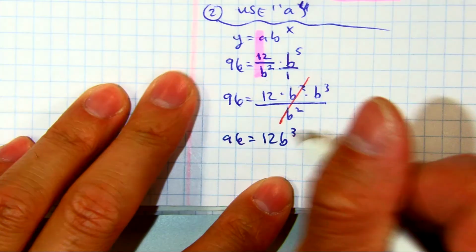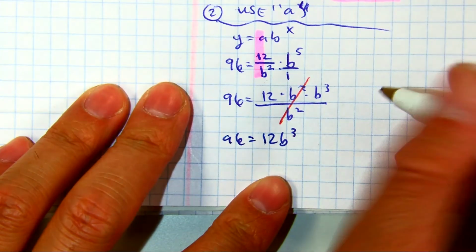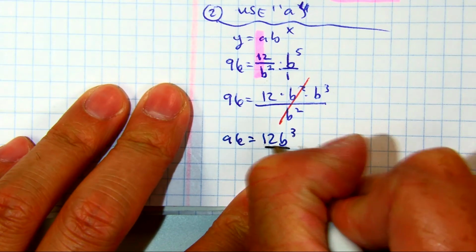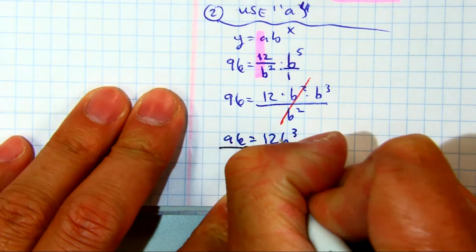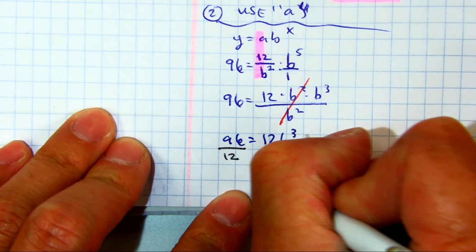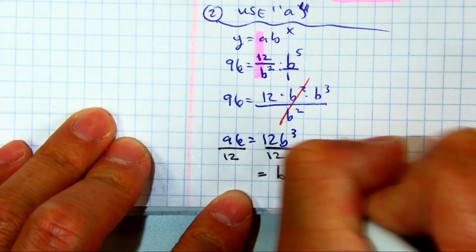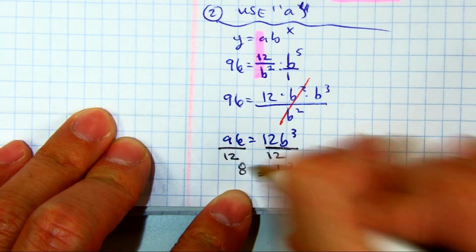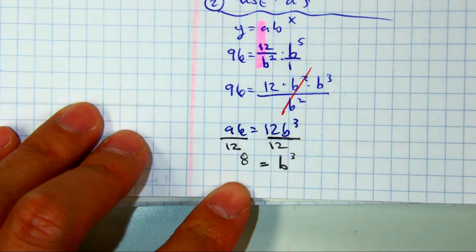Yeah, PEMDAS backwards. So you're going to do exponents last. So multiplication first. 96 divided by 12? To get b by itself.